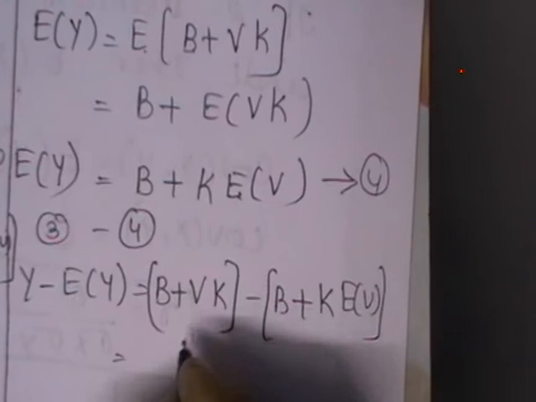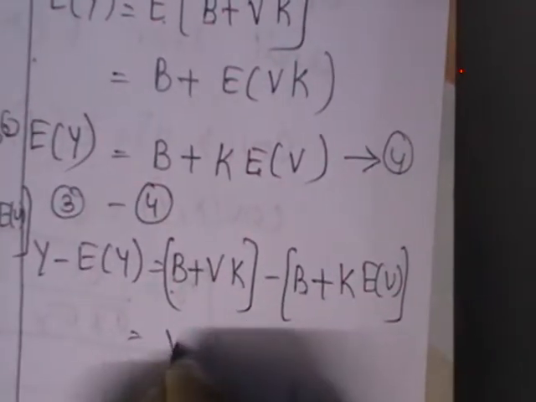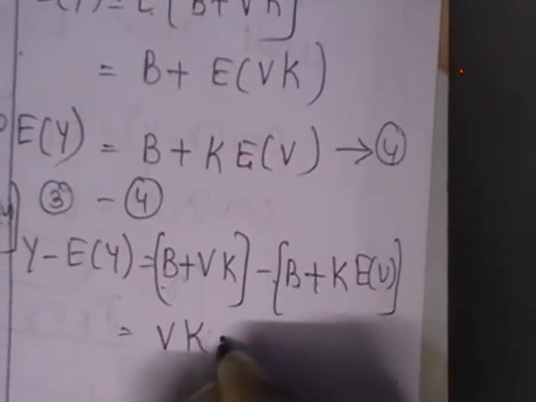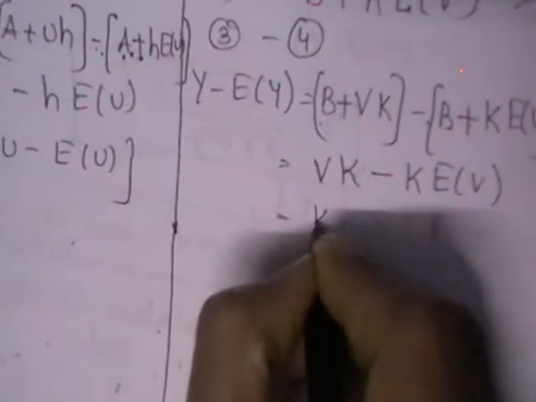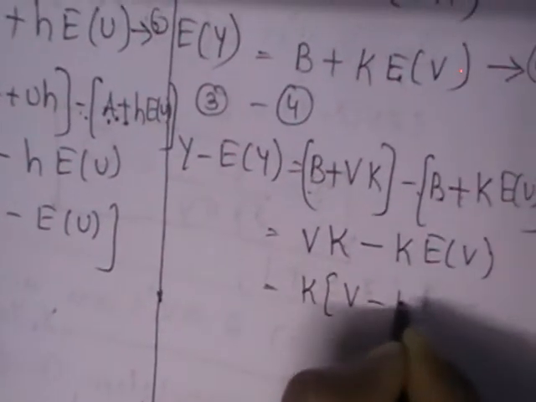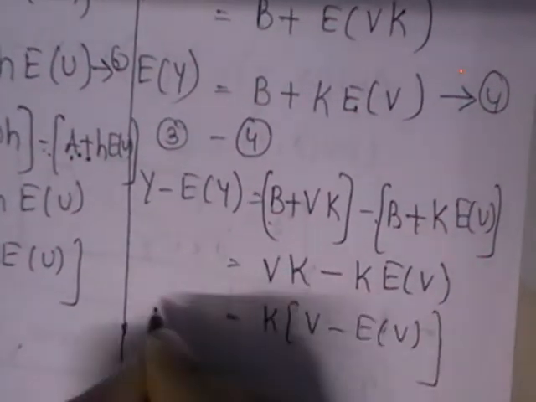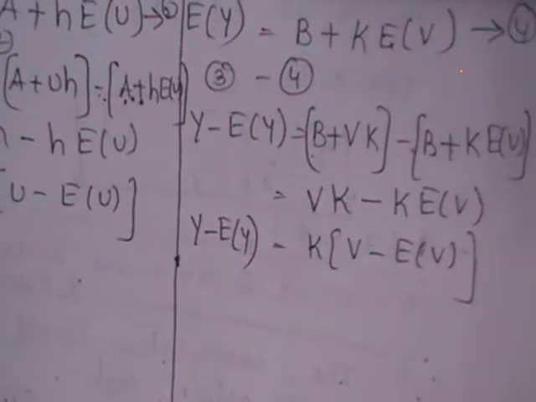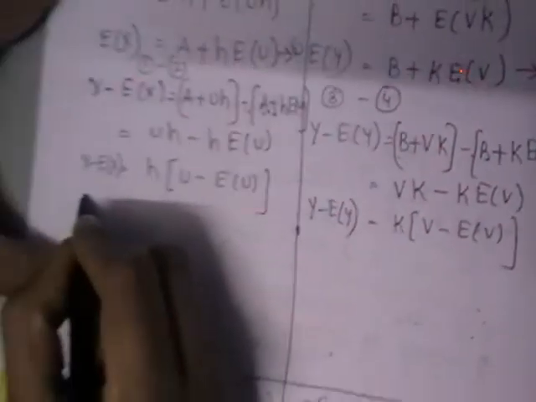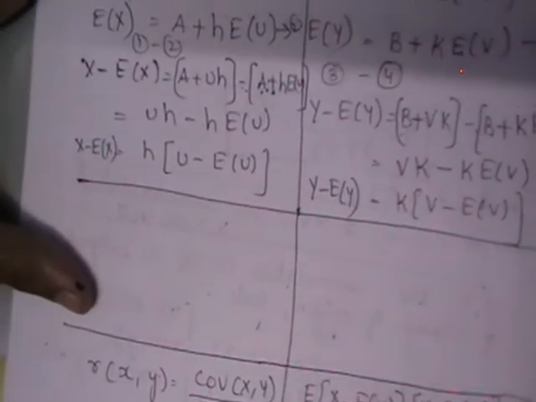Here b and minus b cancel, leaving k v minus k into e of v. From these two k can be taken out: v minus expectation of v. So you got y minus expectation of y as k into v minus expectation of v. After calculating these two, you need to find out covariance and variances.